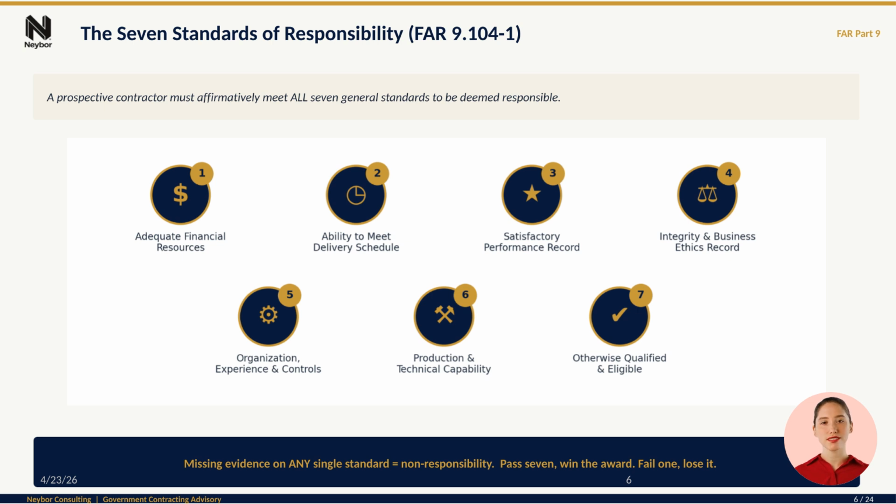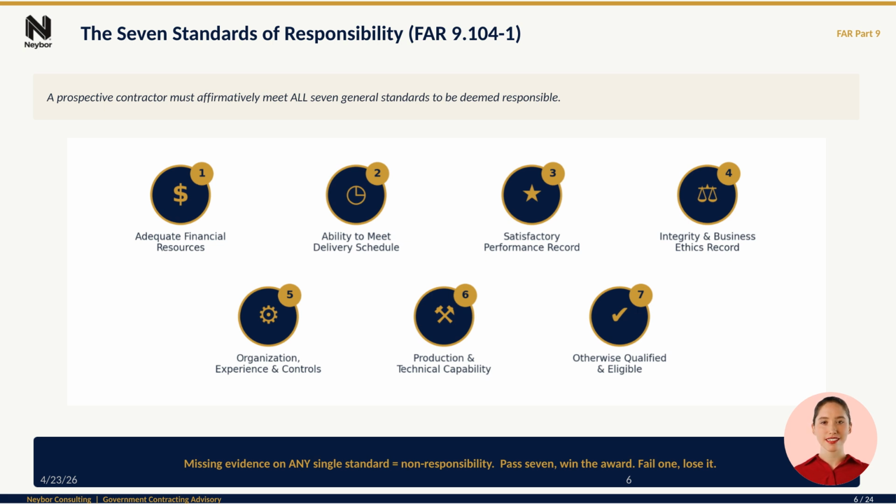Past performance on similar work. 4. A satisfactory record of integrity and business ethics, which ties directly into the debarment and suspension rules. 5. The necessary organization, experience, accounting, and operational controls and technical skills. 6. The necessary production, construction, and technical equipment and facilities. And 7, otherwise qualified and eligible, a catch-all for any other statutory or regulatory bar.